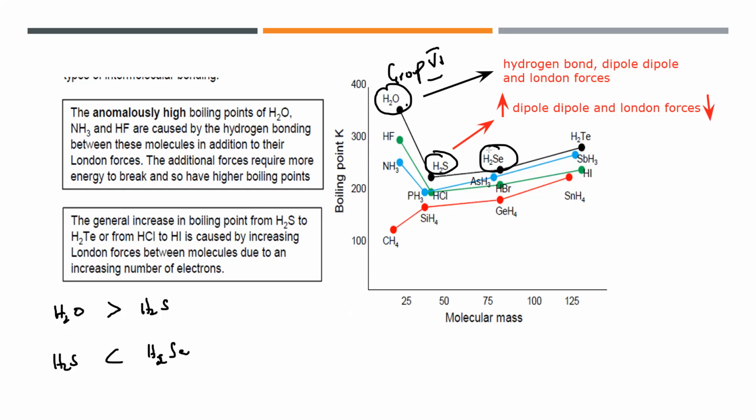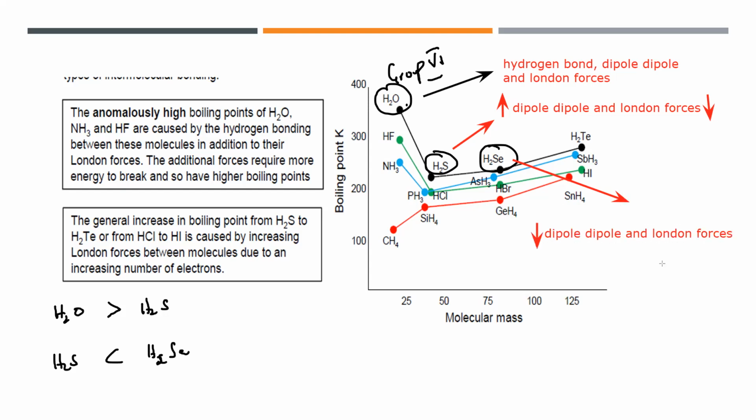When we check hydrogen selenide, the third one, the dipole-dipole forces decrease, because electronegativity decreases as we go down the group. So electronegativity is less, but the number of electrons is more.